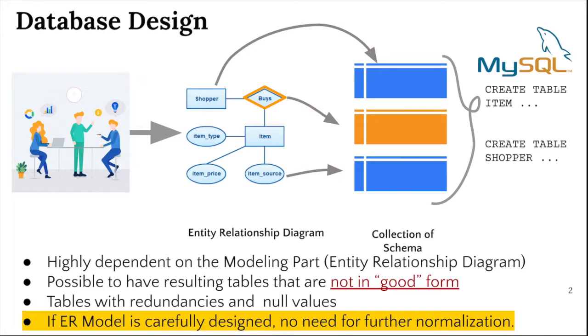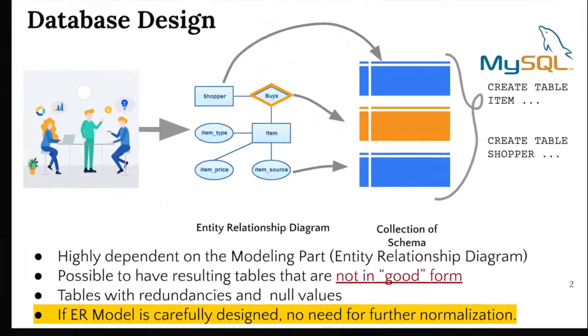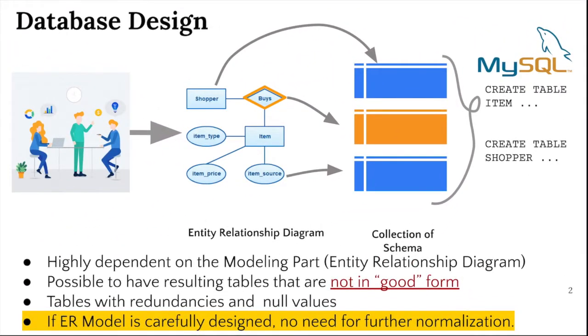So ang kailangan gawin if we have something like that in the collection of the schema is to perform normalization, or gagawin natin in good form based from the definition of a normal form. So kapag we carefully design the entity relationship diagram, then there is no need for further normalization.